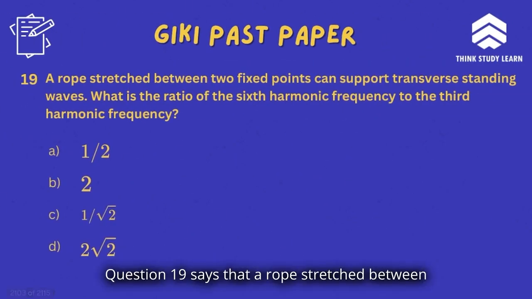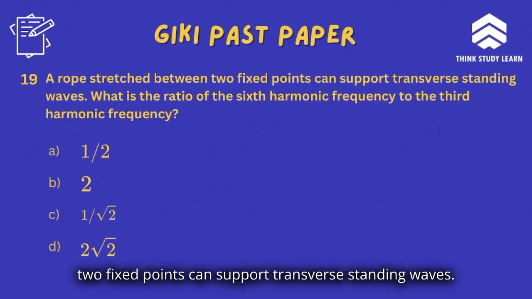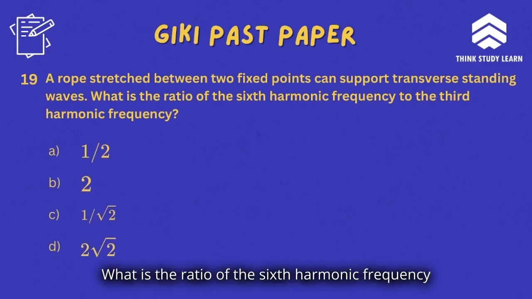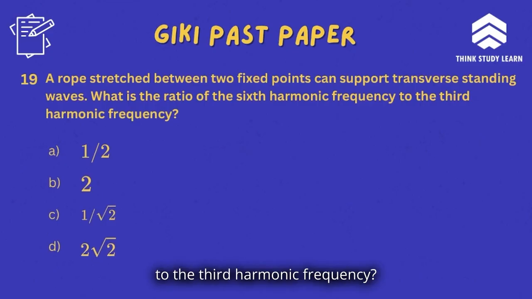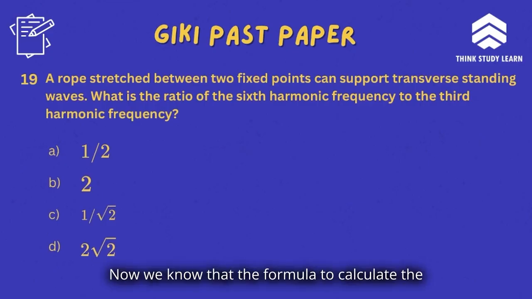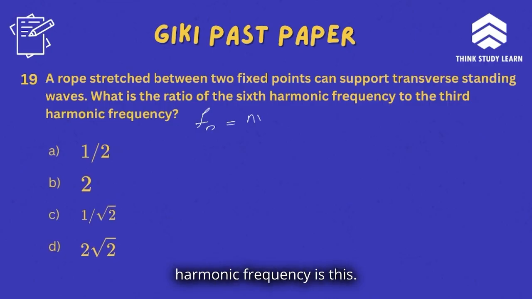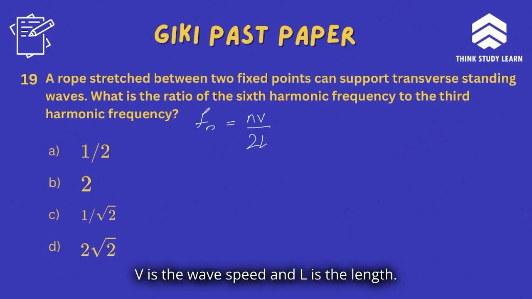Question 19 says that a rope stretched between two fixed points can support transverse standing waves. What is the ratio of the sixth harmonic frequency to the third harmonic frequency? Now we know that the formula to calculate the harmonic frequency is this. Here n is the harmonic number, v is the wave speed and L is the length.